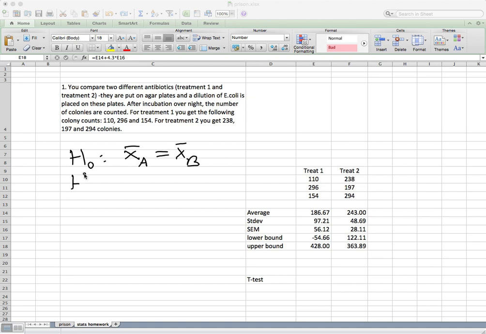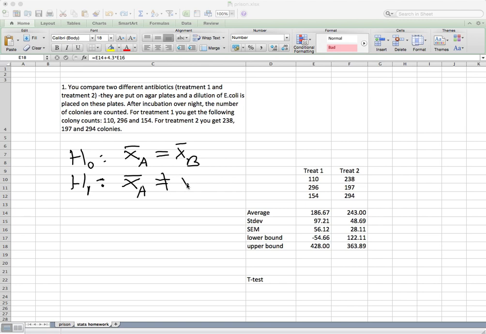And we can formulate our alternative hypothesis. Very common is that we say, okay, there is a difference between the two means.